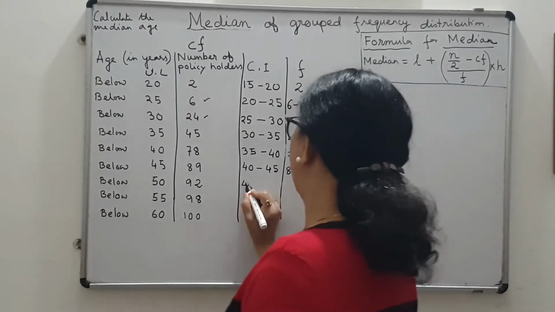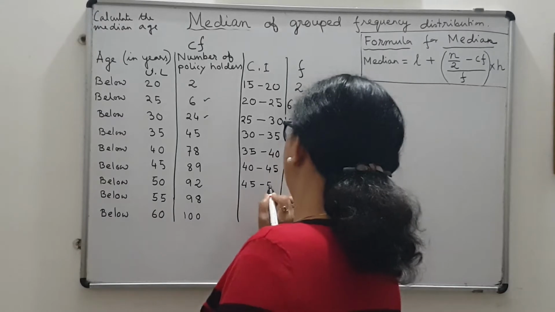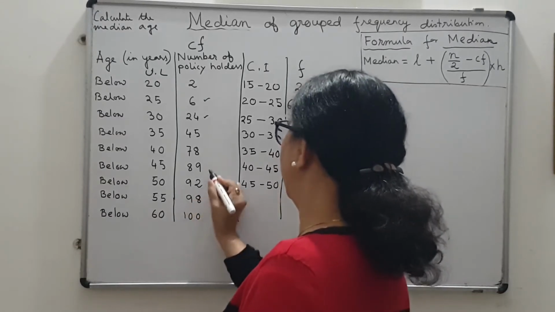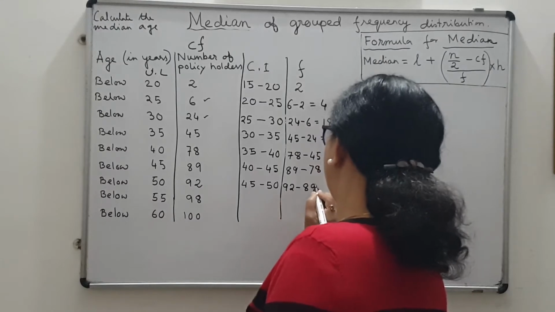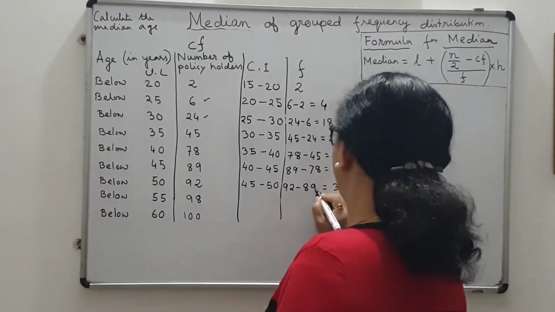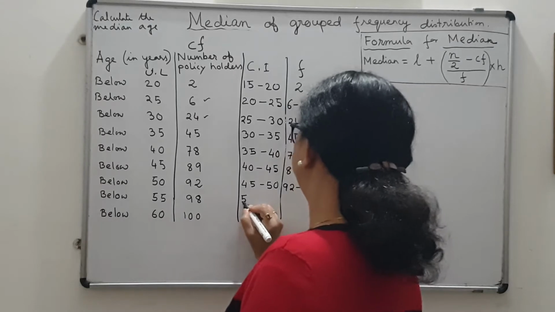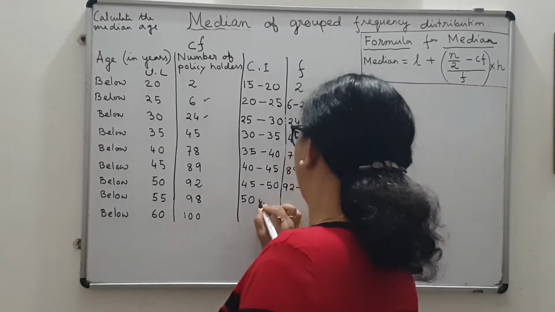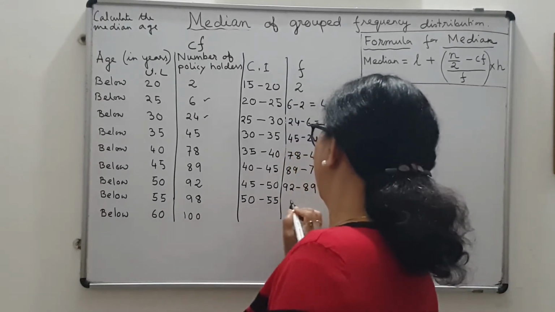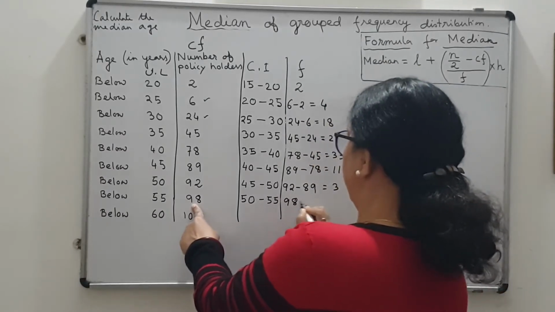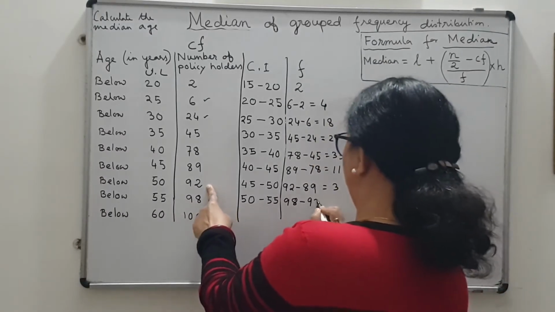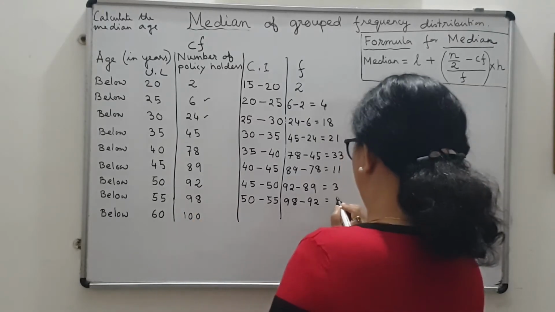For the next class, 45 to 50, here 92 minus 89, so it will be 3. Then 50 to 55 will be the next class, and the CF of this is 98 minus the CF of the previous class, 92, so it is 6.